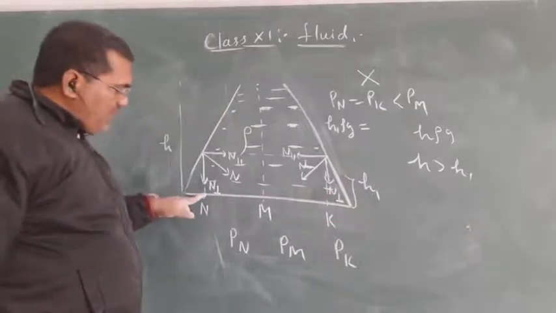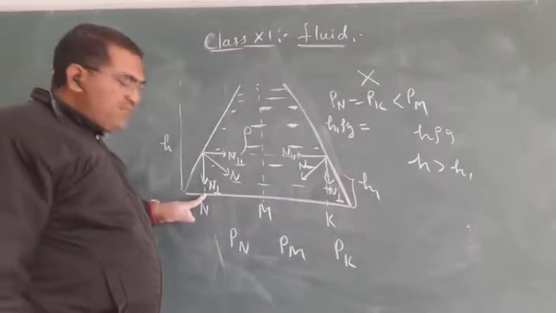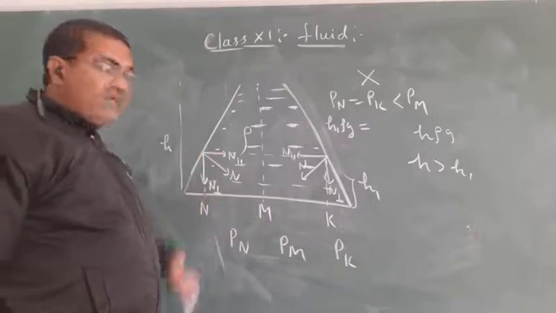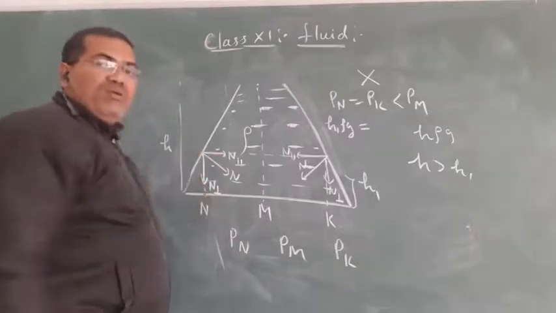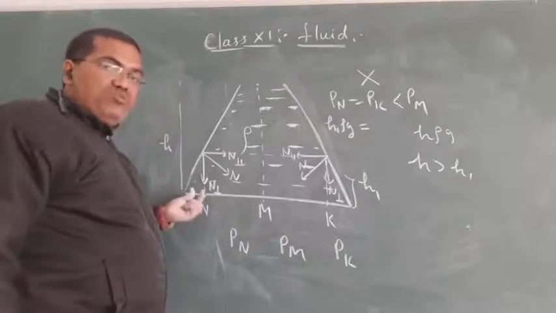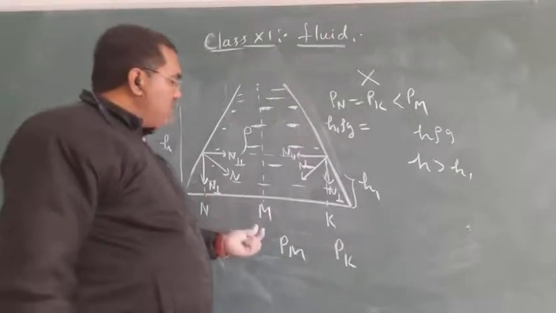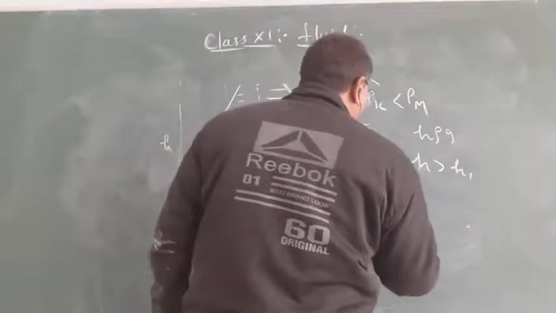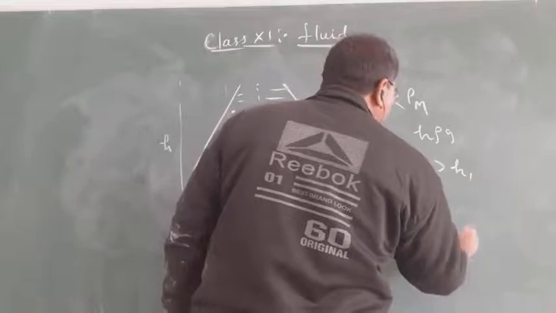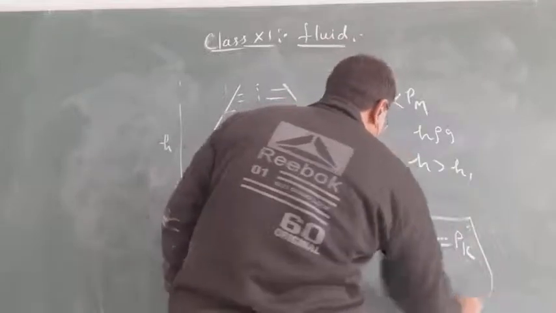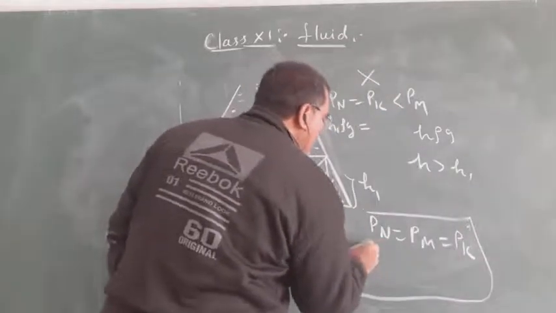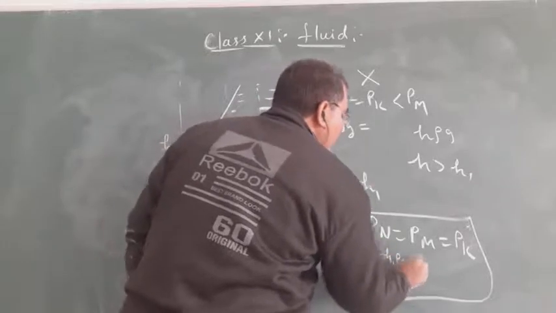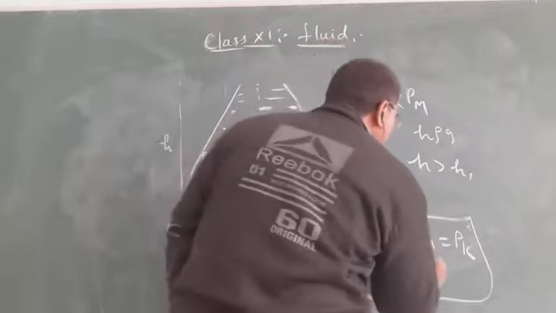So here the pressure is due to height H1 rho g as well as the pressure due to M perpendicular. So these two pressures compensate the pressure at M. So pressure at M equals pressure at N equals pressure at K. Because pressure at N is due to N perpendicular plus H1 rho g, which is compensated by H rho g.